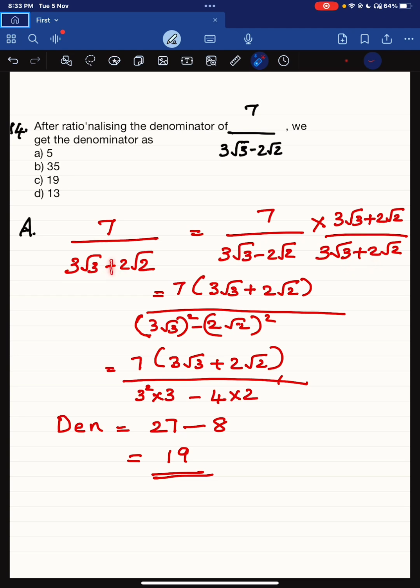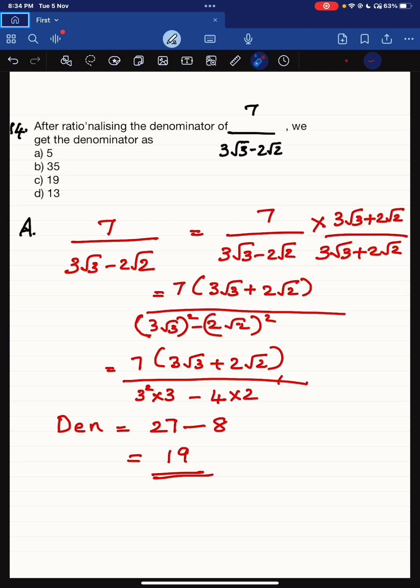If it is a plus sign, we multiply both numerator and denominator by a minus sign. Here it is minus, so we can multiply by plus sign.